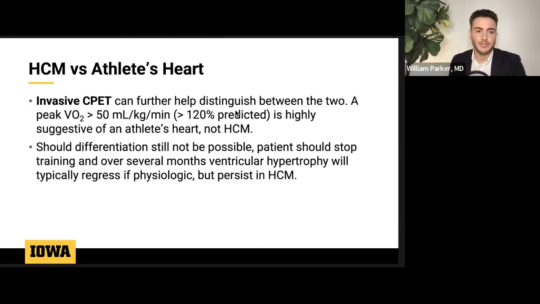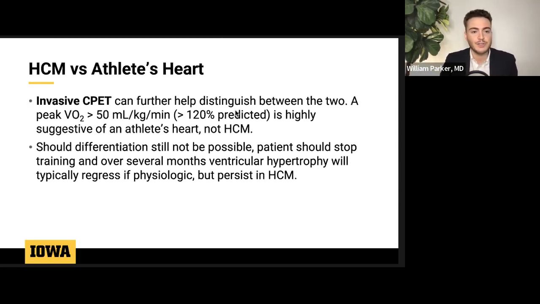If you have trouble differentiating the two, when it's not an absolutely clear-cut case, you can do an invasive cardiopulmonary exercise test, which can further help distinguish between the two. Peak oxygen consumption greater than 50 mL per kg per minute, or greater than 120% predicted, is highly suggestive of an athlete's heart, basically an elite athlete who has gone through a lot of intensity training, not hypertrophic cardiomyopathy, which is generally below the predicted threshold.